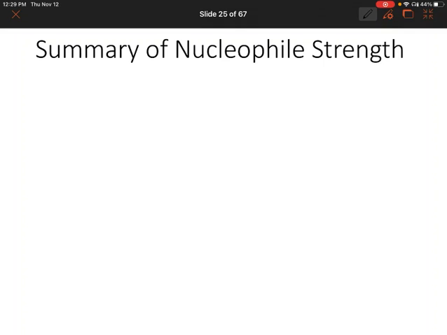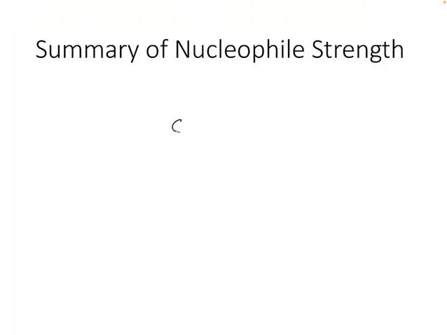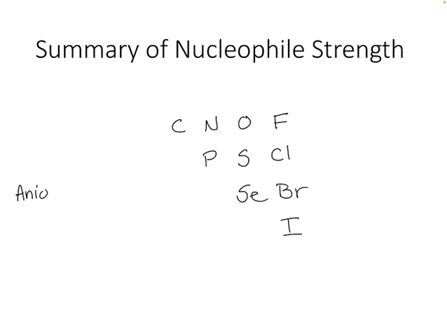Okay, so let's summarize nucleophilic strength here. So let's write out the periodic table, and we'll just write out part of the periodic table, so mostly the non-metals here. Okay, now let's consider a negatively charged nucleophile in a polar protic solvent. So an anionic nucleophile, and remember anions are negatively charged, and let's say it's in a polar protic solvent.